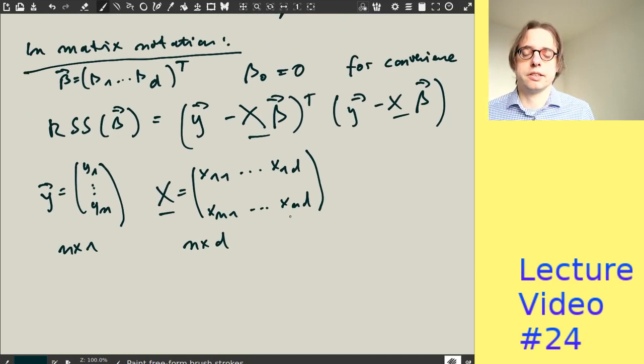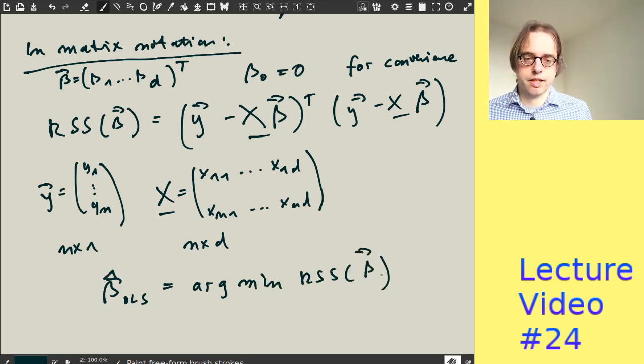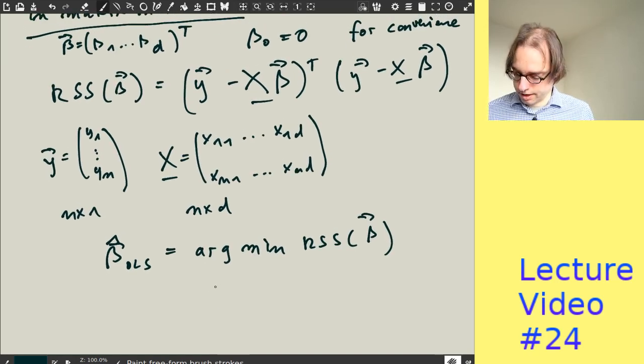So this is our residual sum of squares as a function of beta. Then beta hat OLS is the set of beta that minimizes this, and we can try to minimize it by computing the gradient.